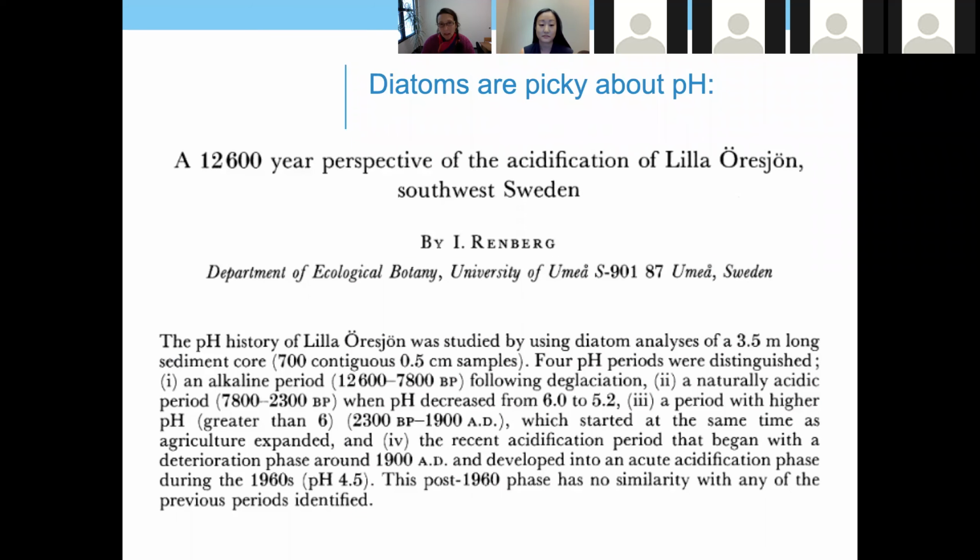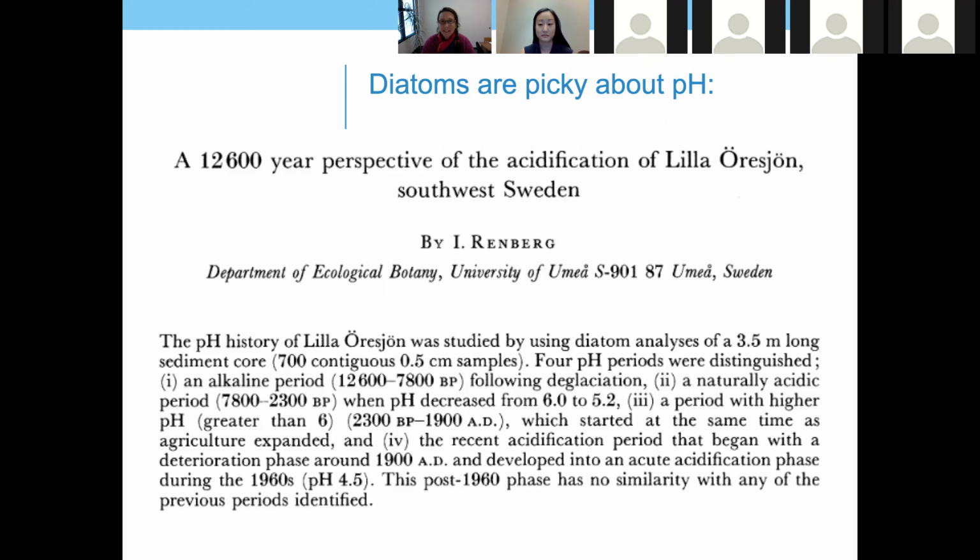And I'm going to talk first about a couple of examples that come from lake sediments. This text is from a publication that constructed a 12,600 year record of the acidification of a lake in Sweden. And this is really a landmark publication.